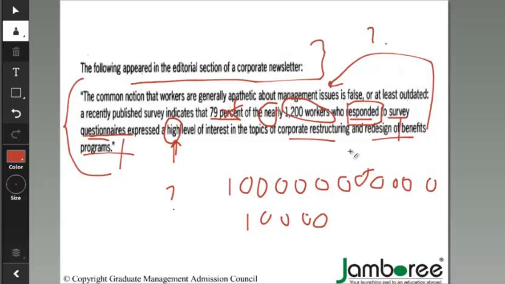So who says that corporate restructuring and benefit issues are the only management issues? Maybe the questionnaire had 100 topics, of which only these two showed interest. We don't know the contents of the questionnaire. Only 79% said they are interested in these two things, and these may be 2 out of 100.